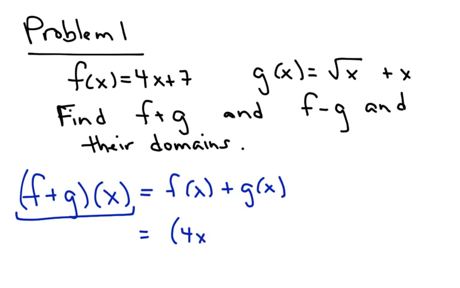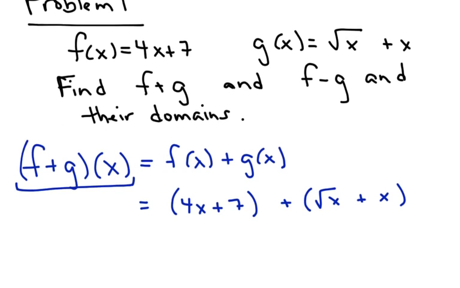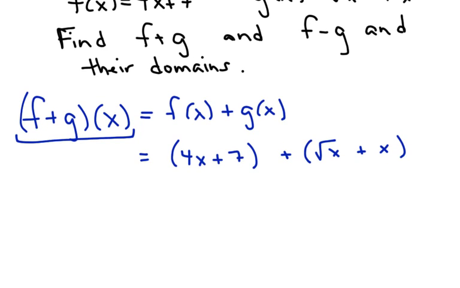What I'm asking you to do is take the function labeled f of x, which is 4x plus 7, and add that to the function labeled g of x, which is the square root of x plus x. It doesn't matter which way I write it, this is what I'm asking you to do. And then I'm asking you to add like terms. Well, these are like terms, so you get 5x, and nothing else is like terms, so you just write plus 7 plus the square root of x, and the order in which you do it doesn't matter.